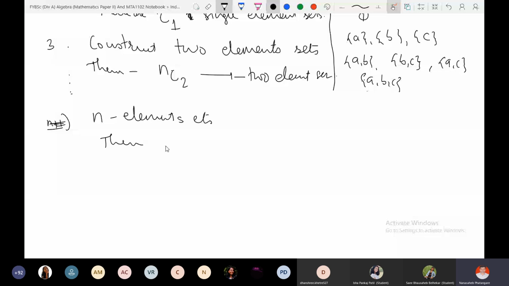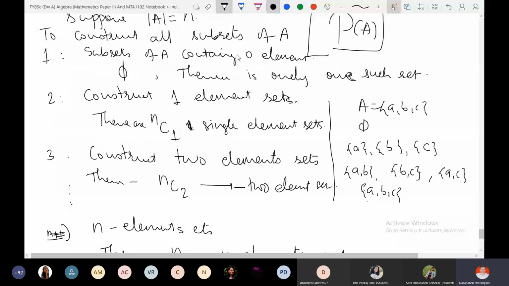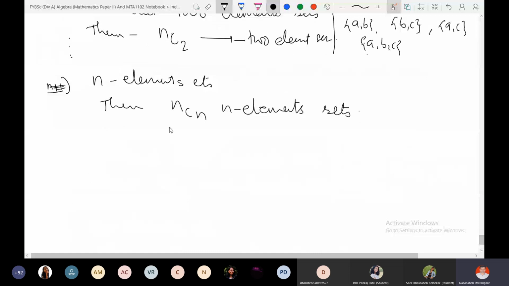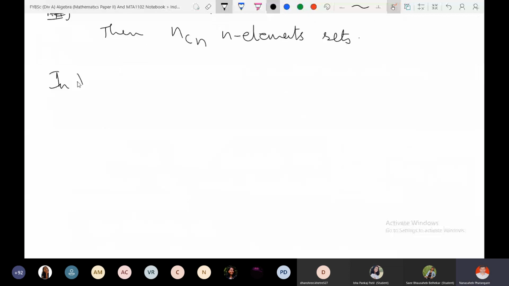Right, so in total how many subsets did I find? The 0 element set plus the 1 element sets plus the 2 element sets plus the 3 element sets, and so on. The 0 element set is only one, that is n choose 0, plus n choose 1, plus n choose 2, and so on up to n choose n.